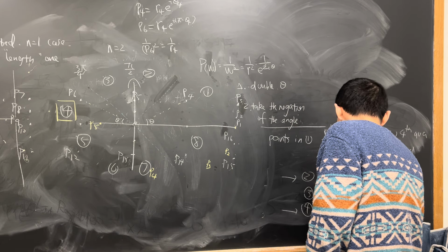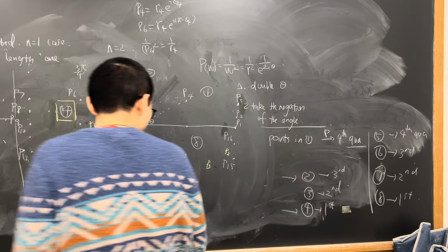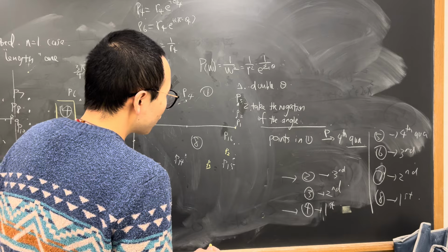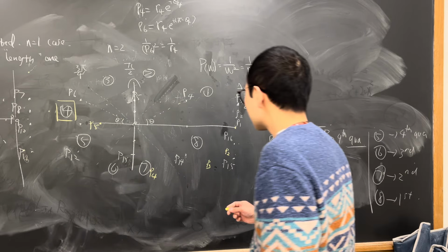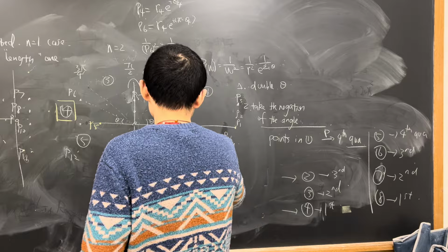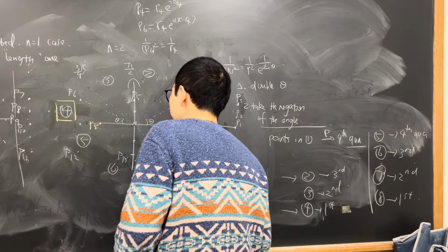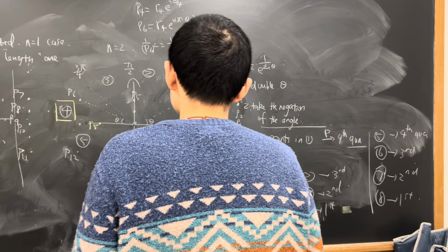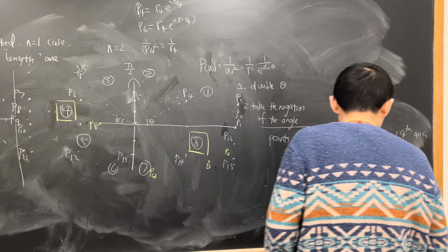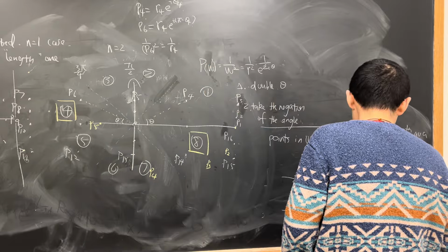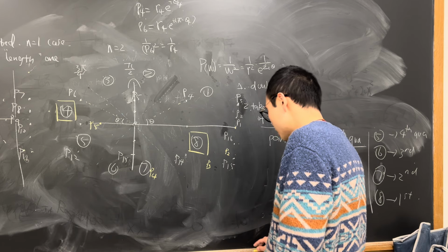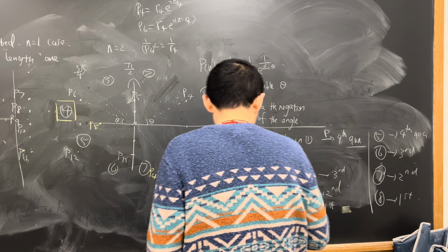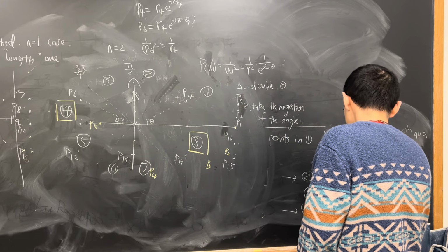So I'm using yellow color. And which other one is mapped in the first quadrant? 8, right? And for the third quadrant, let me use this dark blue.